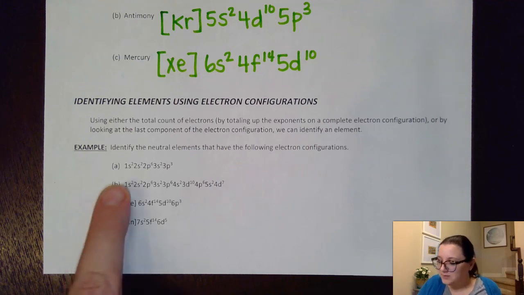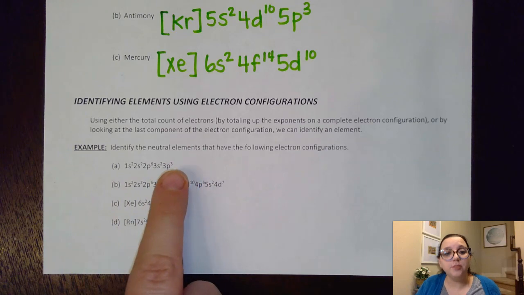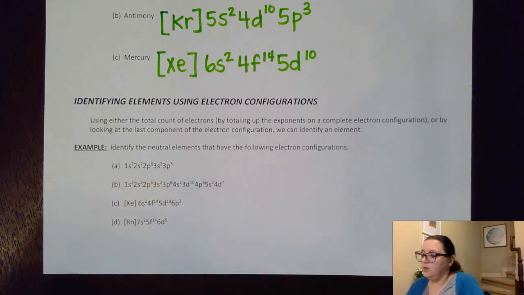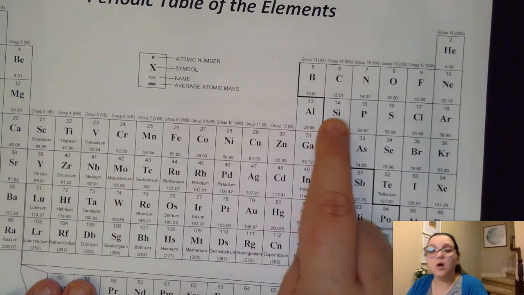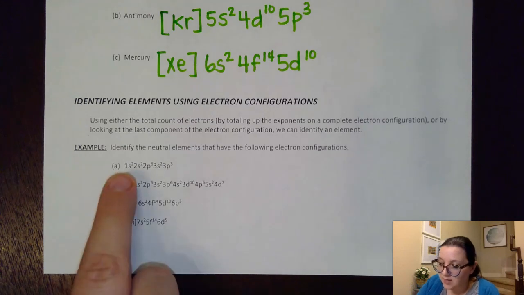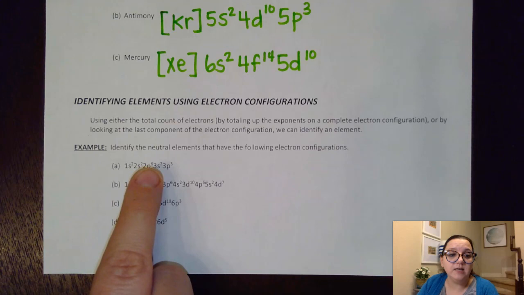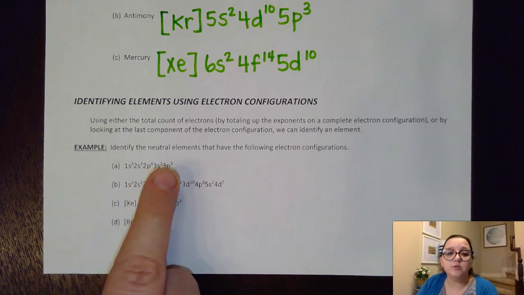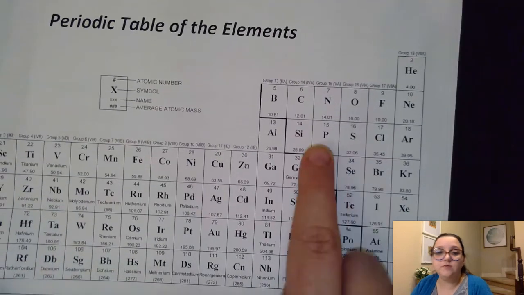All right, so for example, on this element right here, you could either go find where 3p3 ends. 3p starts here at aluminum, and working 3 over would be phosphorus. Or what you could do is add up the exponents. 2 plus 2 is 4, plus another 6 is 10, plus 2 is 12, plus 3 more is 15, and then simply say, hey, what has 15 electrons?